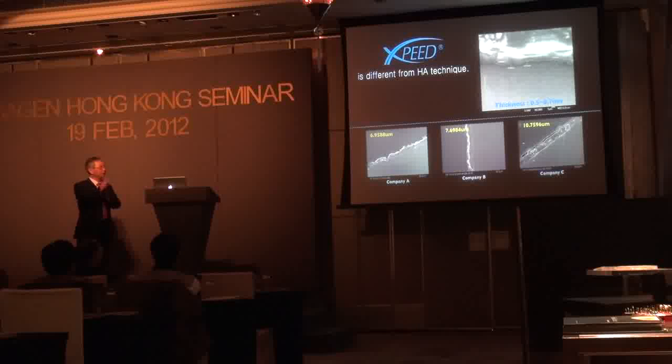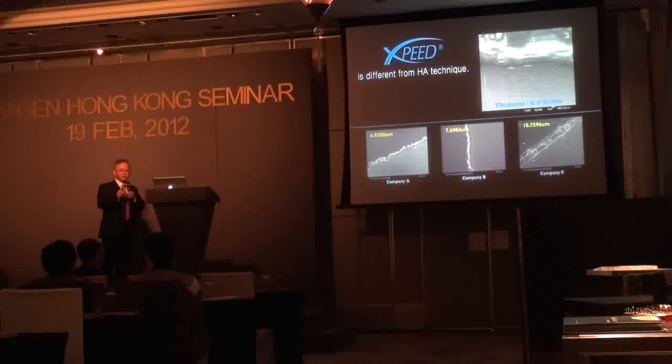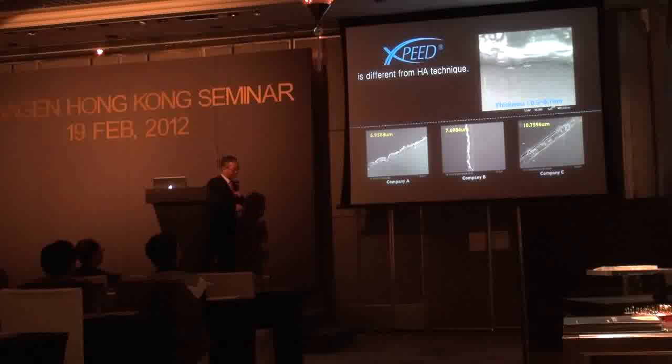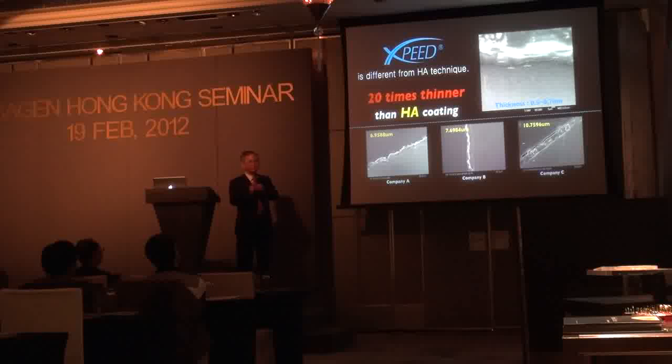We only coat calcium ions, not phosphate. We don't need phosphate because there are a lot of phosphate ions in the body, so we don't need to add phosphate. And with this technique, we can minimize the thickness. Compared with other HA techniques, where the thickness is almost 10 microns, this ion coating is only half a micron. It's 500 nanometers. It's a nano coating.